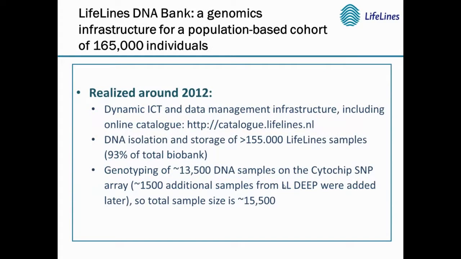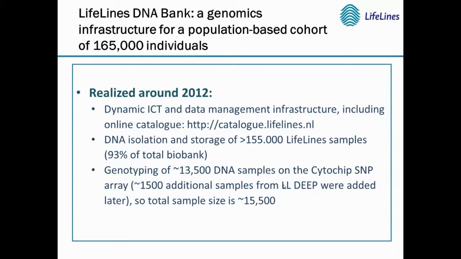So Lifelines got some funding from the NWO quite some time ago. I think this was in 2008, to build a genomics infrastructure for a population-based cohort of 165,000 individuals. That was the title of this NWO Groot application, a very large infrastructure subsidy.